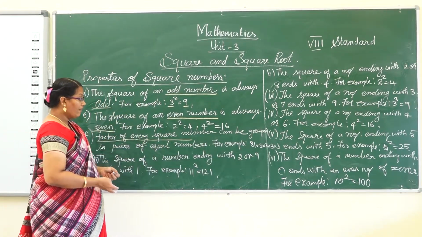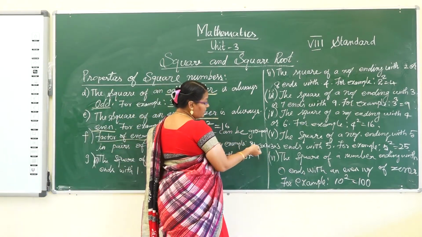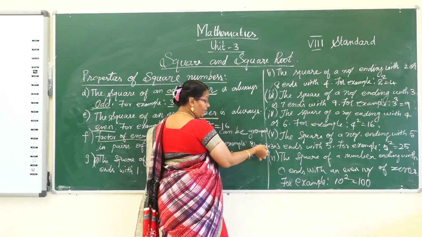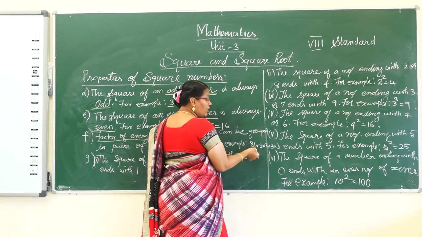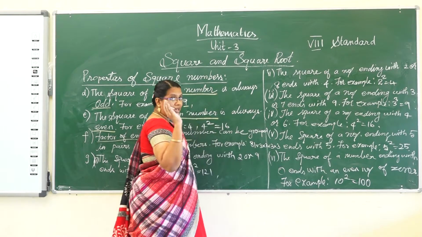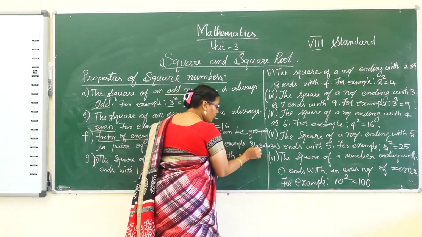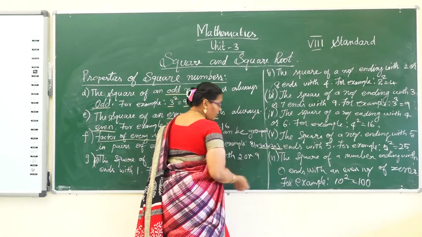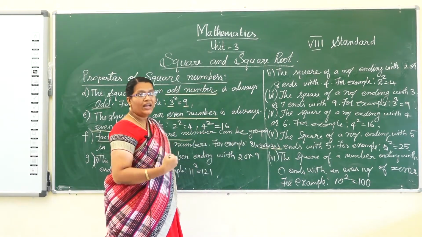See 81: how do you write it in squares? 3 multiplied by 3, again multiplied by 3, 3. So 4 threes multiplied give the value 81. Why do we group? Because we want to write in square values.